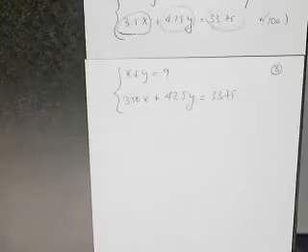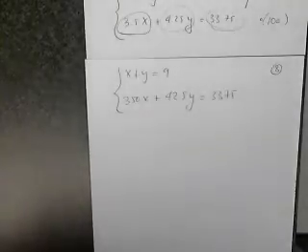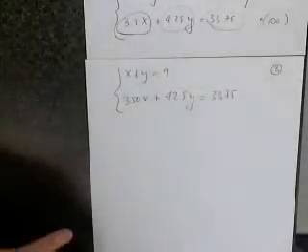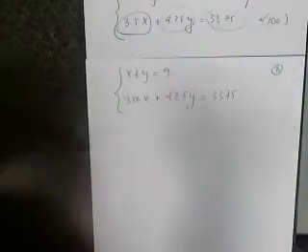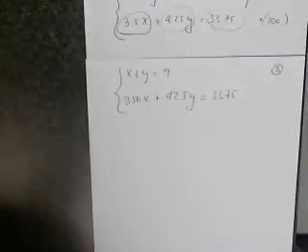Which variable will you eliminate in case you decide to eliminate? Okay, that means if we decide to eliminate x, doesn't matter, x is good. What do I multiply by and by what? Which equation and by what?